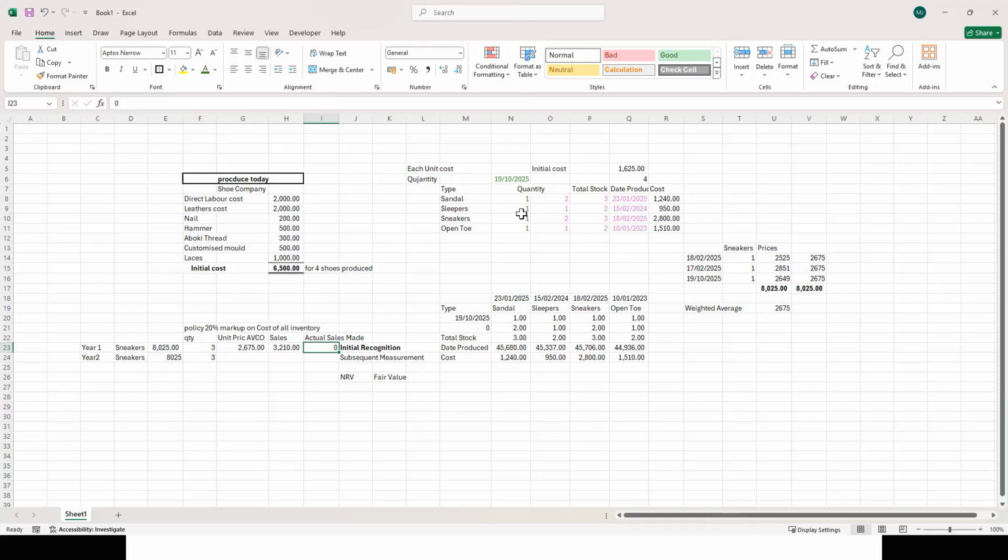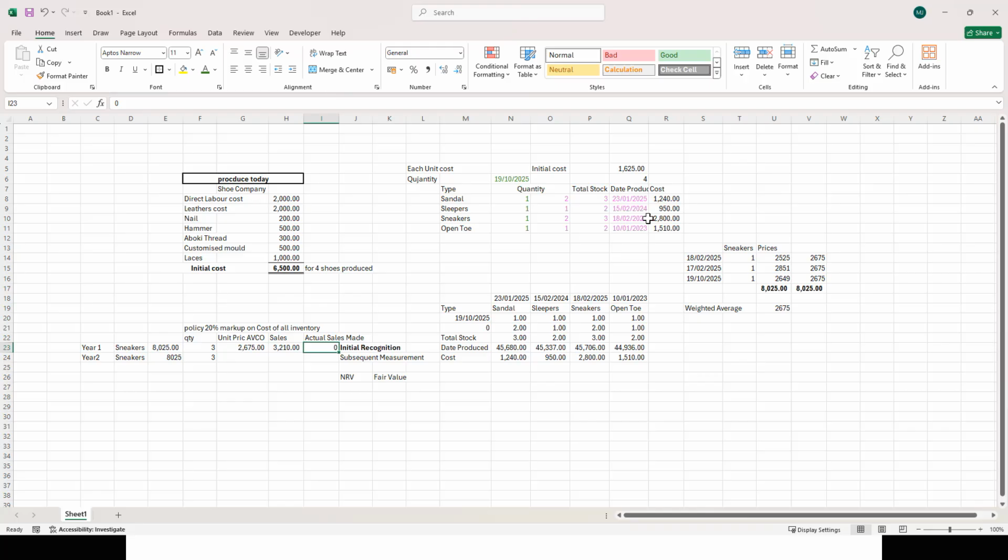Who can tell me why inventory might not be sold in a year, and it doesn't mean that the inventory is obsolete or there is an issue with net realizable value? There might not be impairment on inventory. Who can tell me why? For example, this kind of inventory now, Sandra, these sneakers.